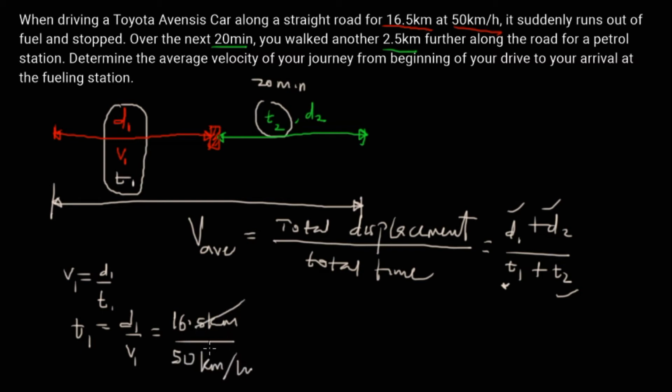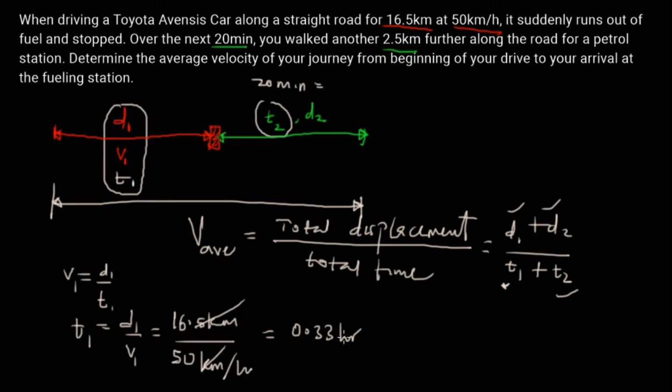Kilometer cancels kilometer, so I will have 16.5 divided by 50. On my calculator, that's 0.33 hour. But don't forget that the other time is in minutes, so we may convert it to hours as well.